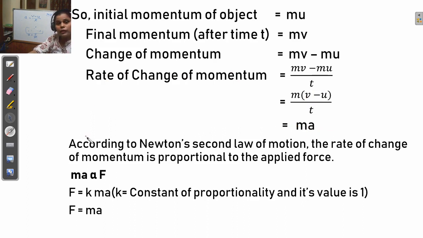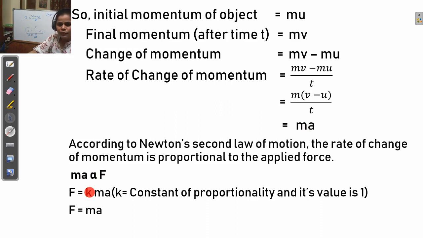According to Newton's second law of motion, the rate of change of momentum is directly proportional to the external applied force. Here the rate of change of momentum means ma, so ma is directly proportional to F, where F is the applied force.